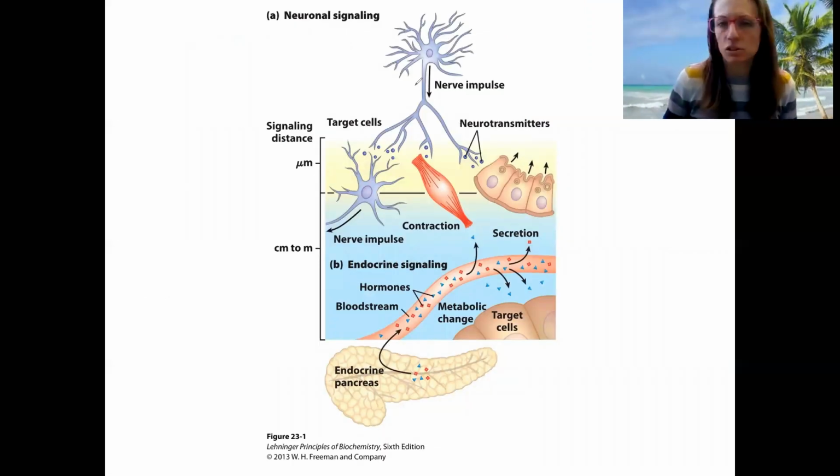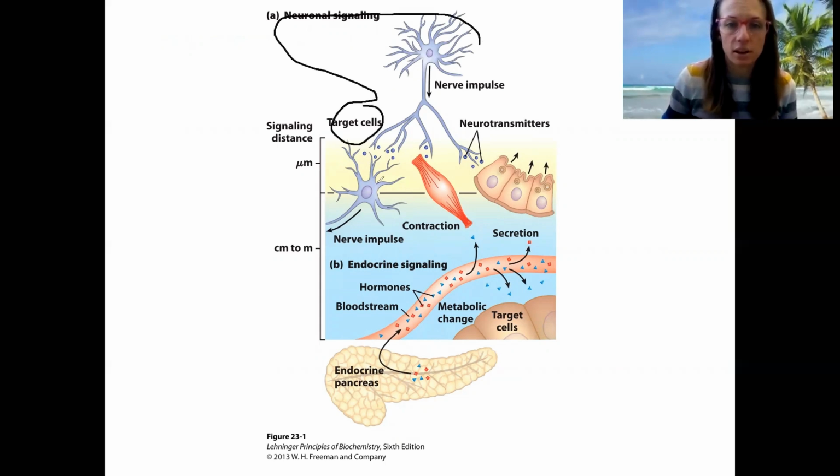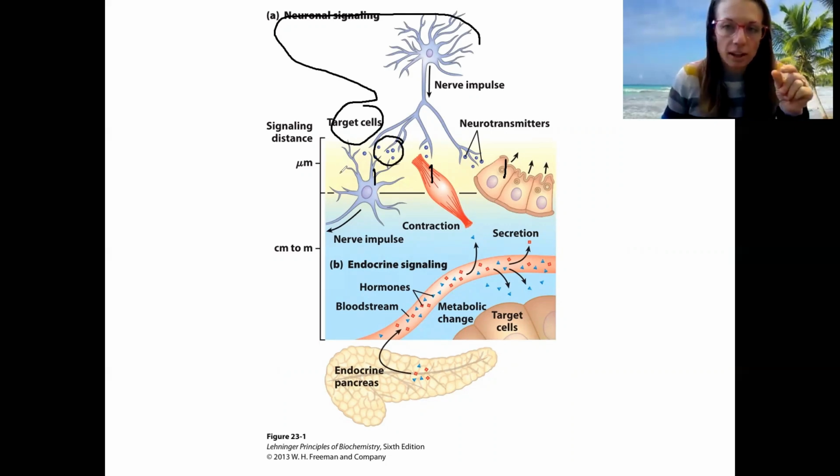Here is kind of just a visual summarizing those two different ways of signaling. So here is neuronal signaling, and there are target cells. So that could either be another neuron, a muscle, a gland. A few other examples exist. The distance of this signal is very small, within micrometers, so very localized, short distance of effect.